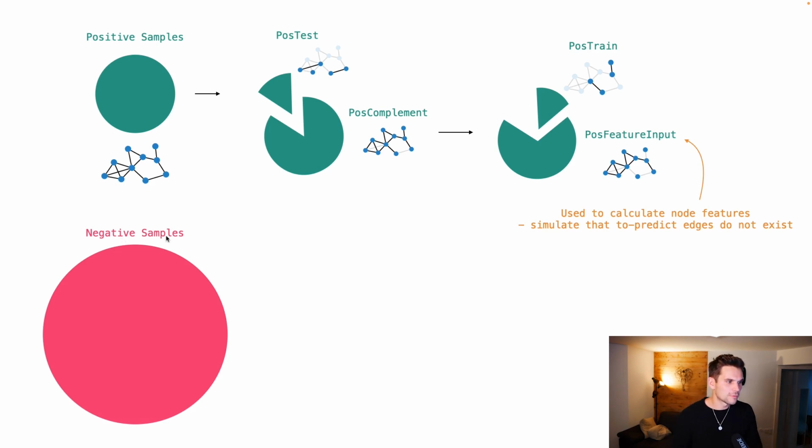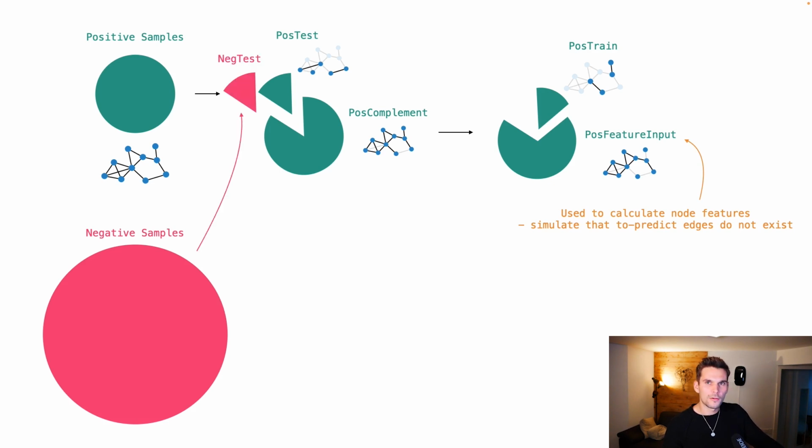So in order to circumvent a model which will always predict negative, like no edge in the graph, and yield high accuracy, we need to sample our negative samples so that we end up with as many positive as negative samples in each of the sets.